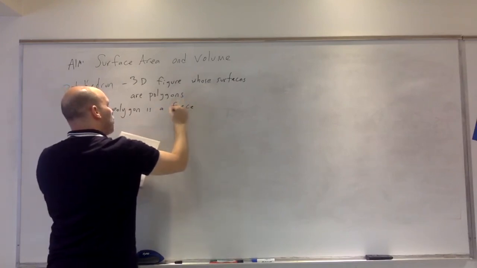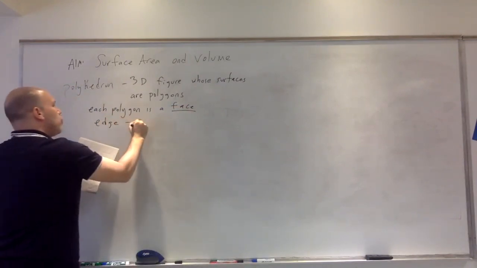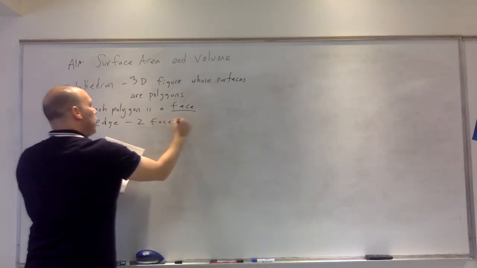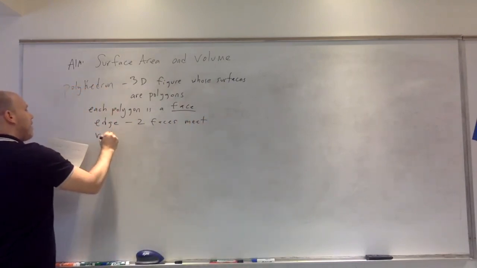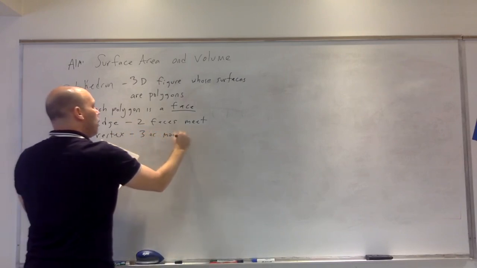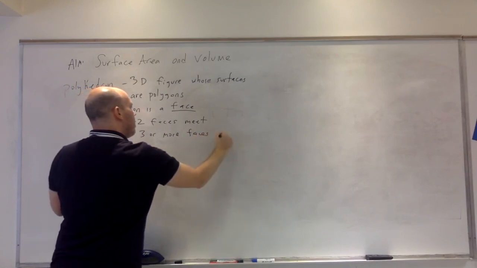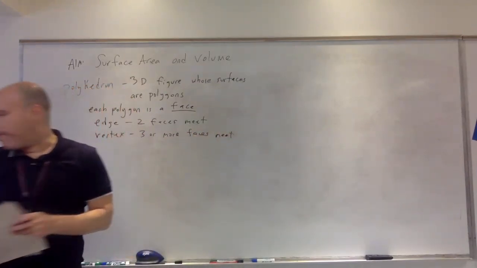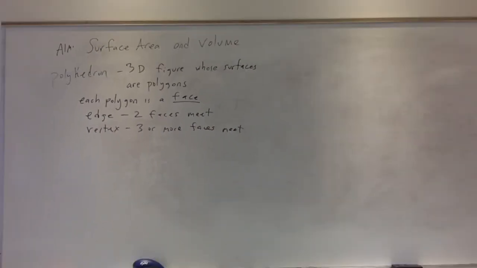A face. An edge is where two faces meet. And a vertex is where three or more faces meet. And that makes sense if you think about it. Let me go back and get one of the polyhedra.